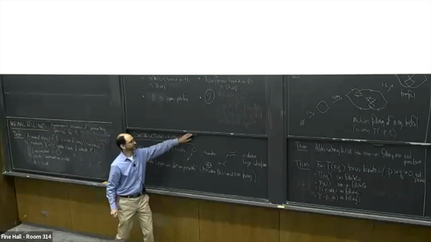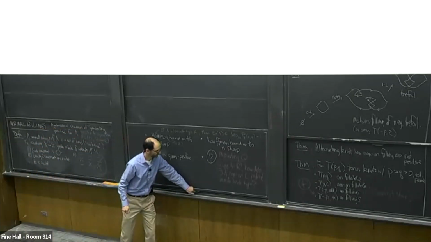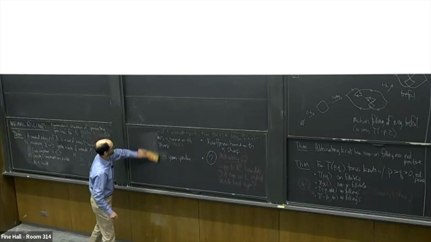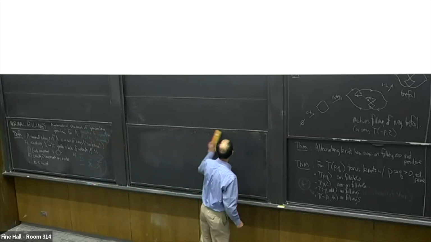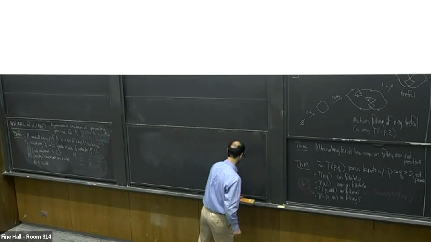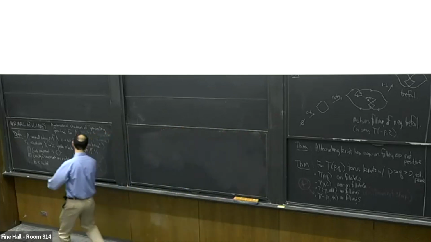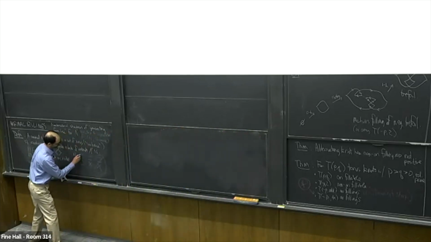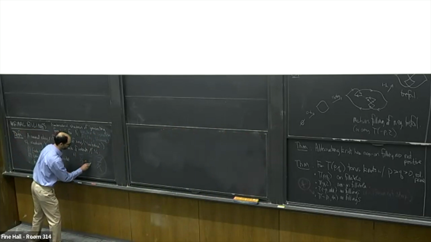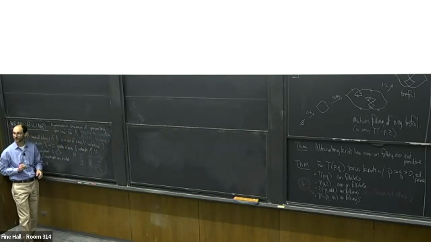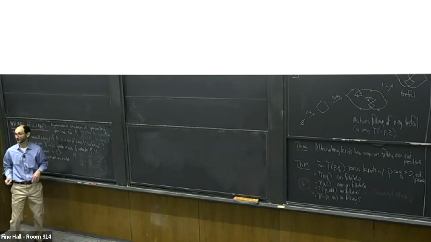And let me give you some examples. Again, think of these like disks. Here the disks are disjoint. Here the disks are nested one inside the other, and here they're neither disjoint nor nested.